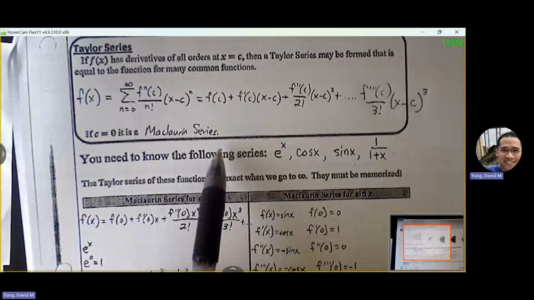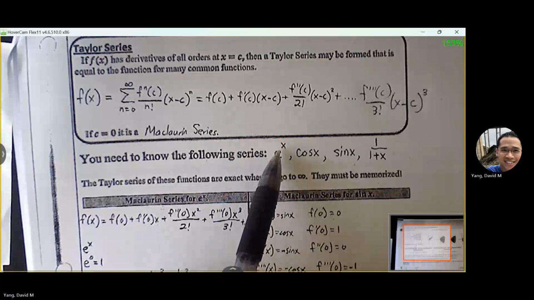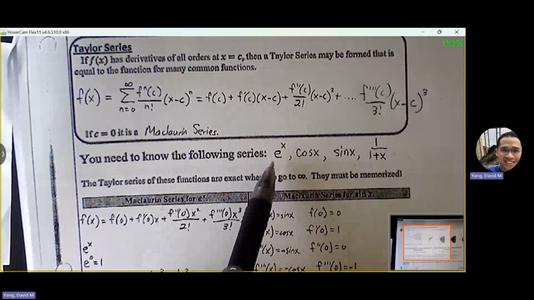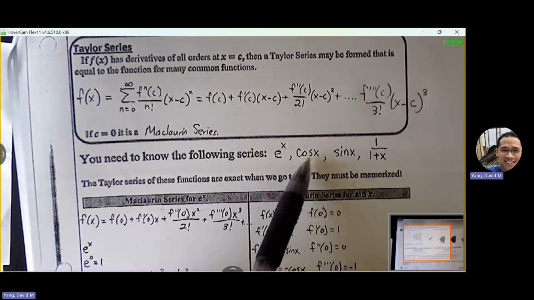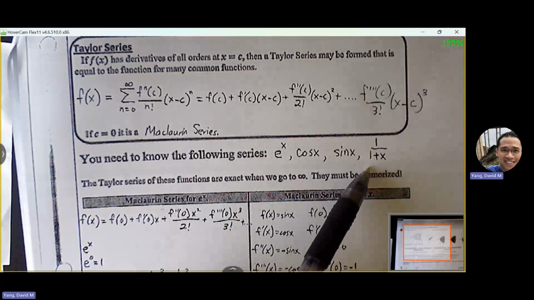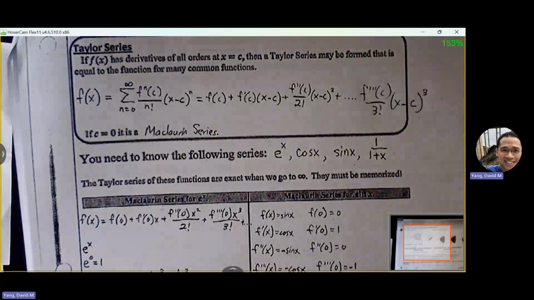Okay, we do need to memorize the Maclaurin series for e to the x, cosine, sine, 1 over 1 plus x, and I have a couple more on your review sheet that we're going to be working towards memorizing.